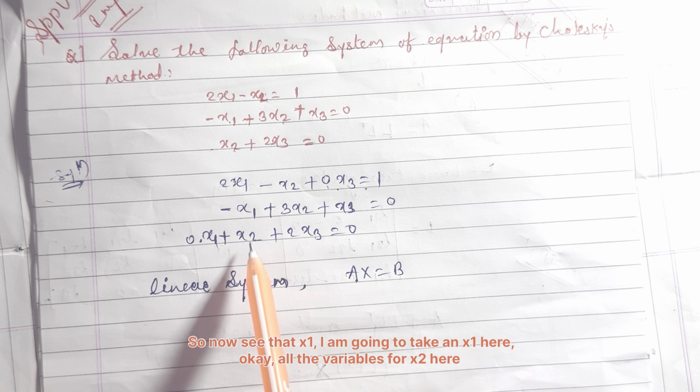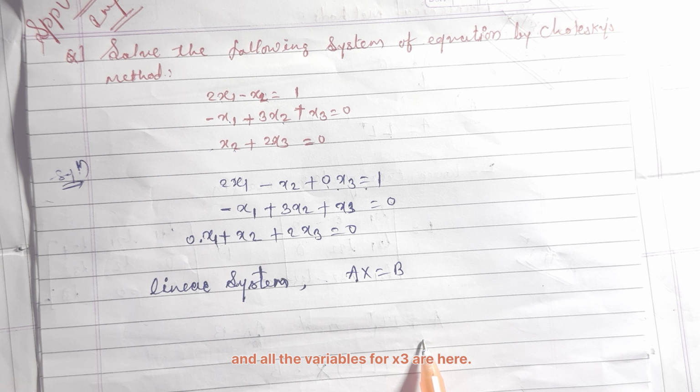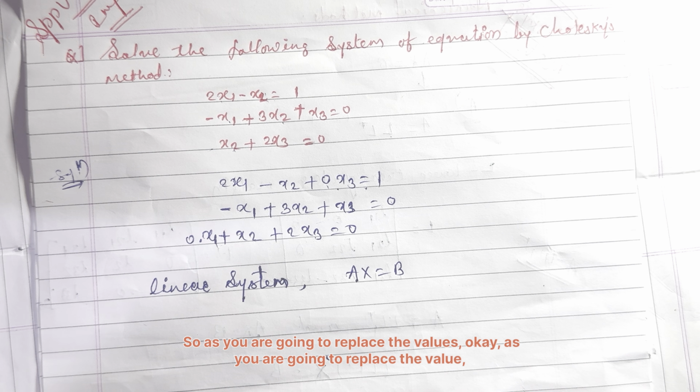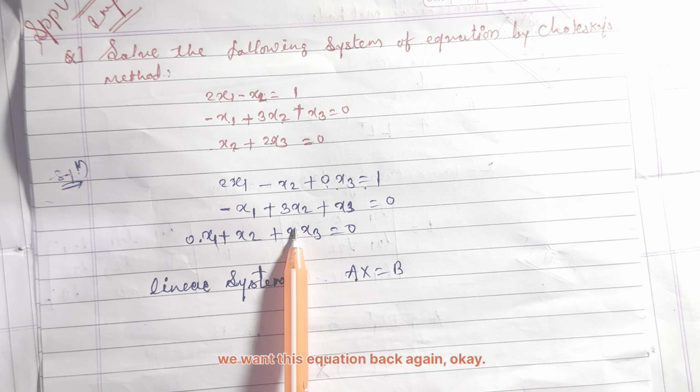So I'm going to take all the coefficients of x1 here, all of x2 here and all of x3 here. As you replace the values, we want the equations back again.